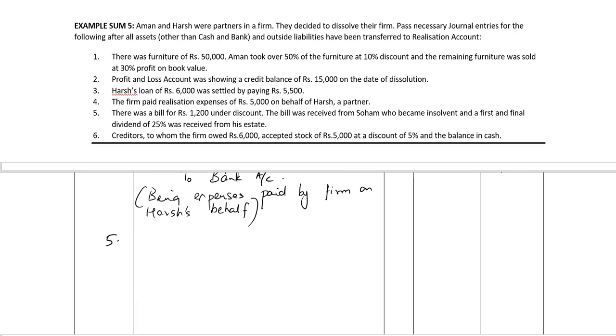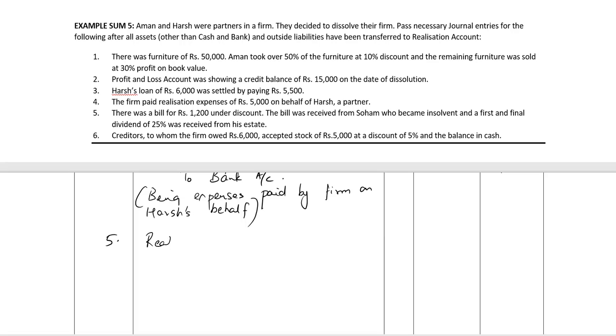Question 5. There was a bill for rupees 1,200 under discount. The bill was received from Soham, who became insolvent, and a first and final dividend of 25% was received from his estate. So we'll first pass the entry for Soham becoming insolvent. The firm will have to pay the bank 1,200 rupees because it was a discounted bill.